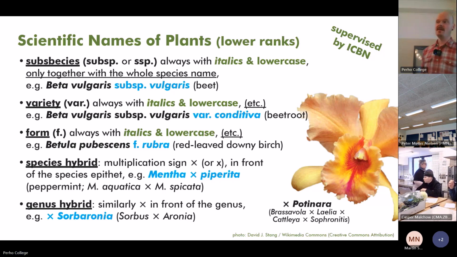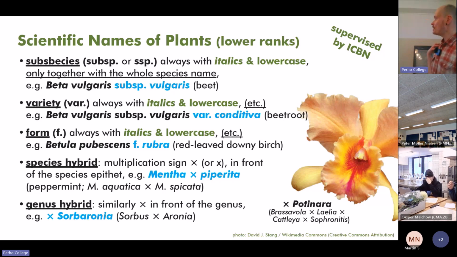And again, an even smaller rank is form or forma, abbreviated with f. The same thing with the others. For example, we have Betula pubescens, which is downy birch, and there's forma rubra, which is the red-leaved form of downy birch.